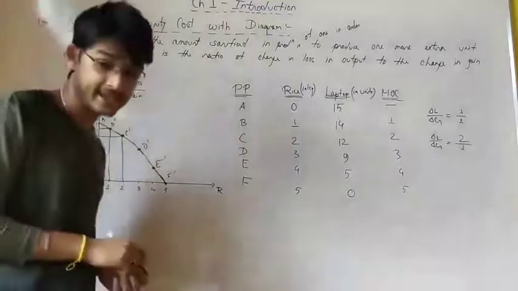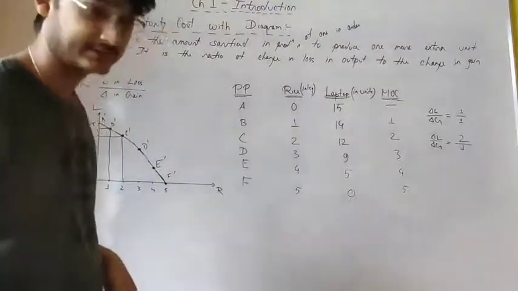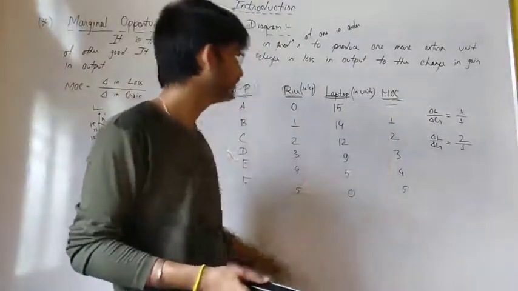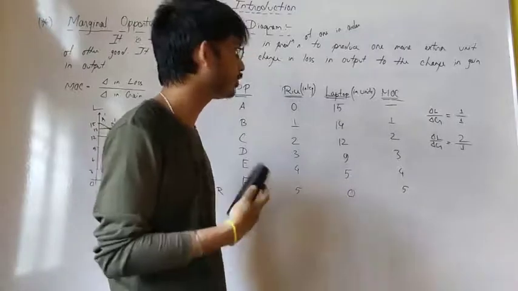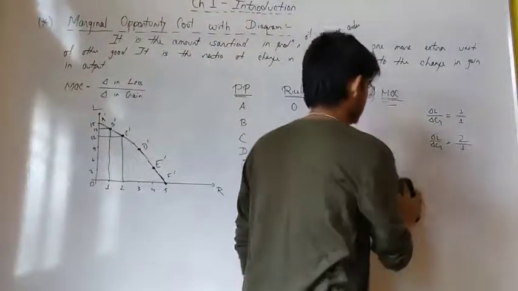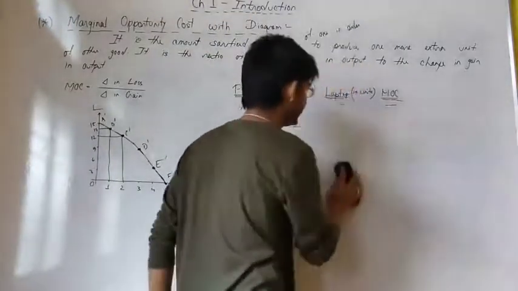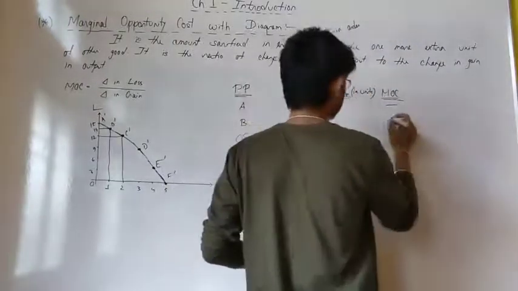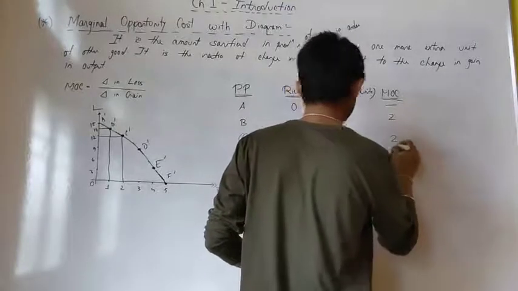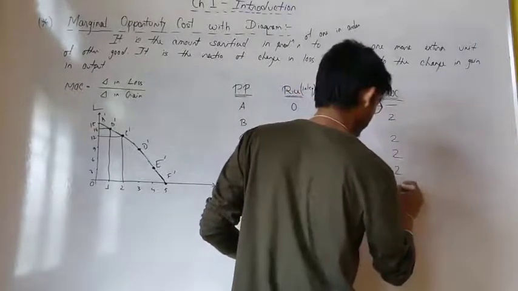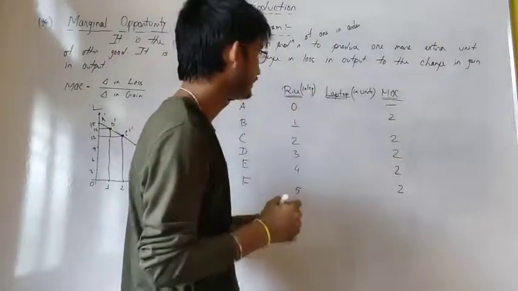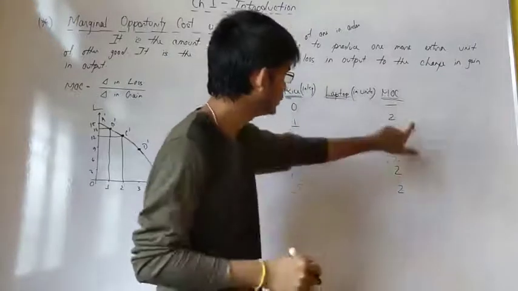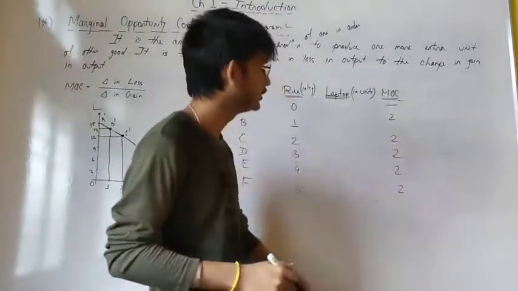And just a quick bonus thing: suppose marginal opportunity cost is not increasing, suppose it is just constant, say 2. It is the same throughout. You can take 2 or you can take 5, 10. If you take 10, it will be 10, 10, 10, 10, 10 throughout all the combinations.